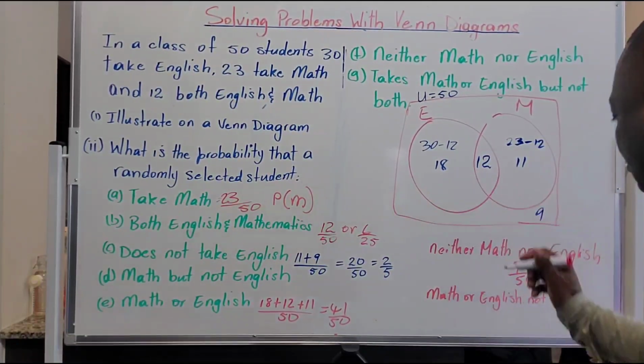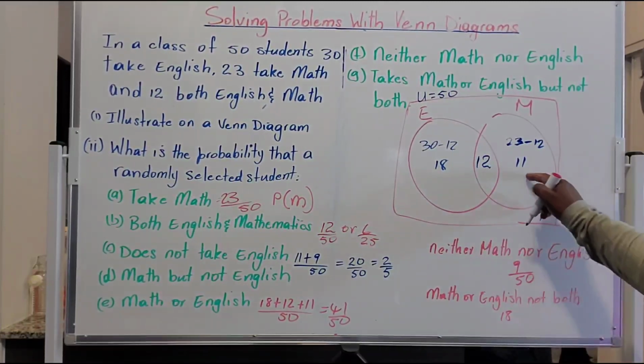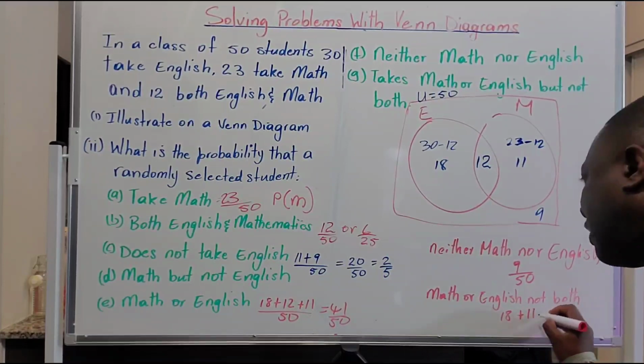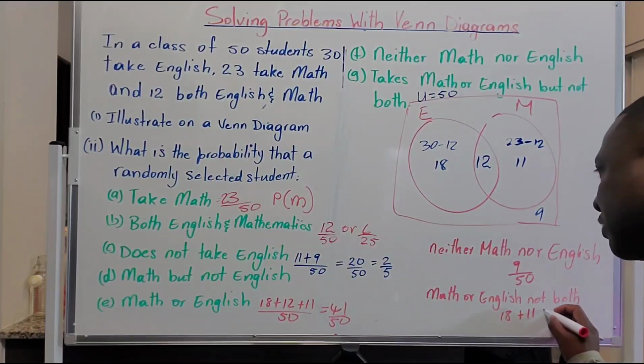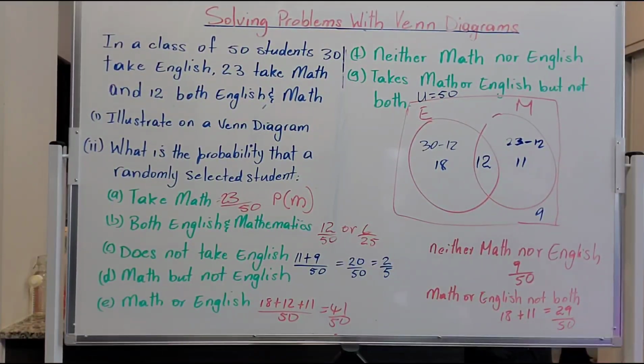So we are looking at 18 students here doing just English. And we are looking at 11, which will give us 29 over 50. So that will be 29 over 50 students.